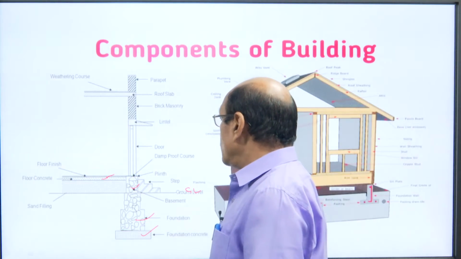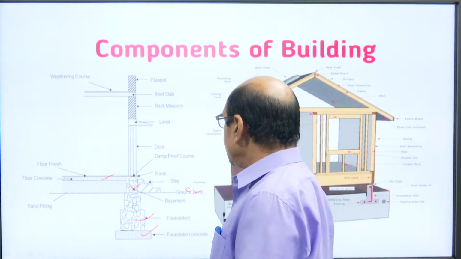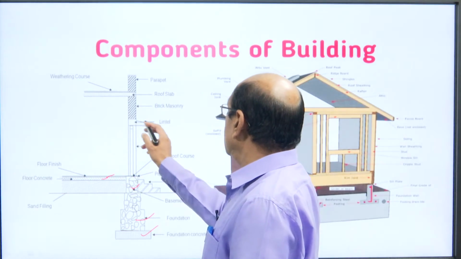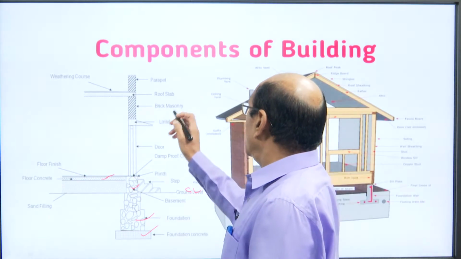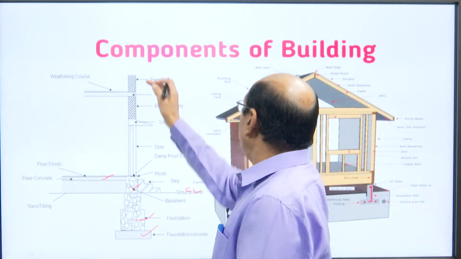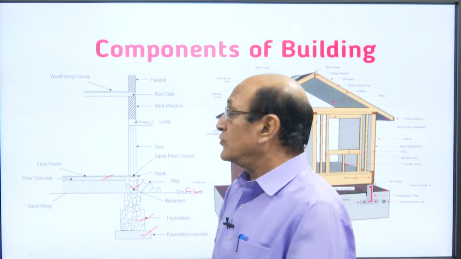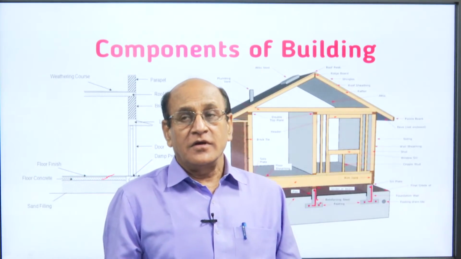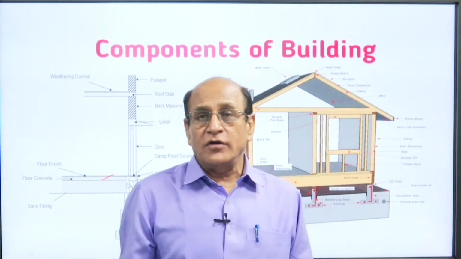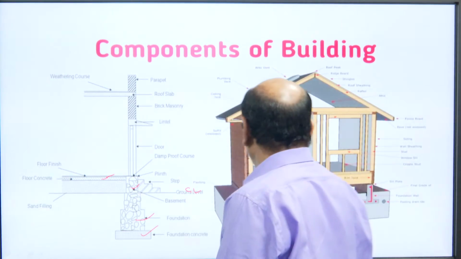This is the DPC to protect the walls from the dampness. This is a door, this is the lintel of the door, this is brick masonry, this is the roof slab and the parapet walls. This is the weathering course to protect the structure from moisture or rainfall direct penetration.